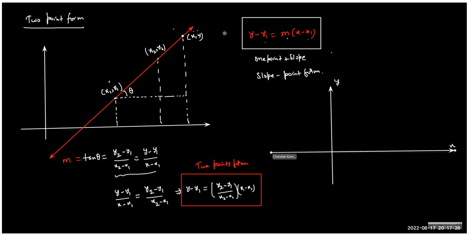Intercept is where the line meets the y-axis. So let's say the line is meeting the y-axis here, and the distance of the point from the origin is called C, and C is called intercept.